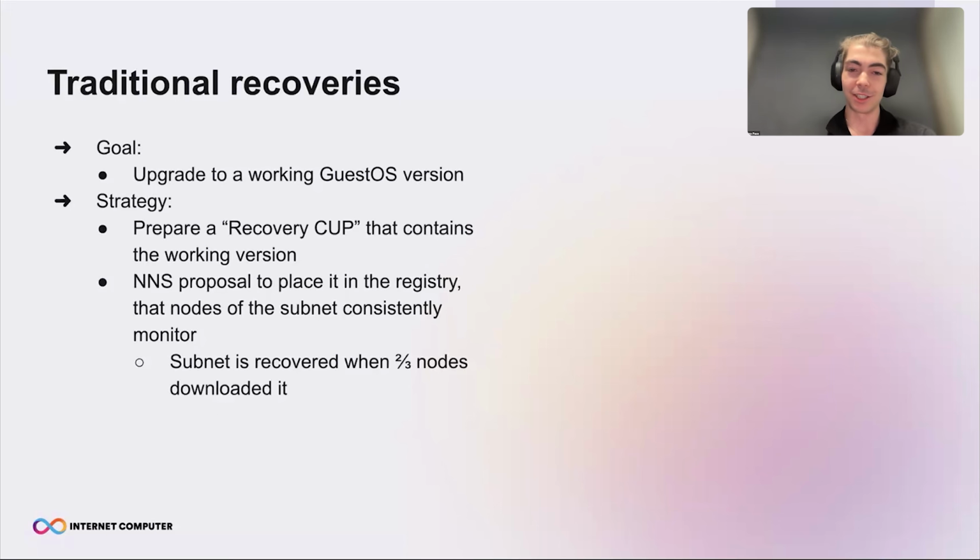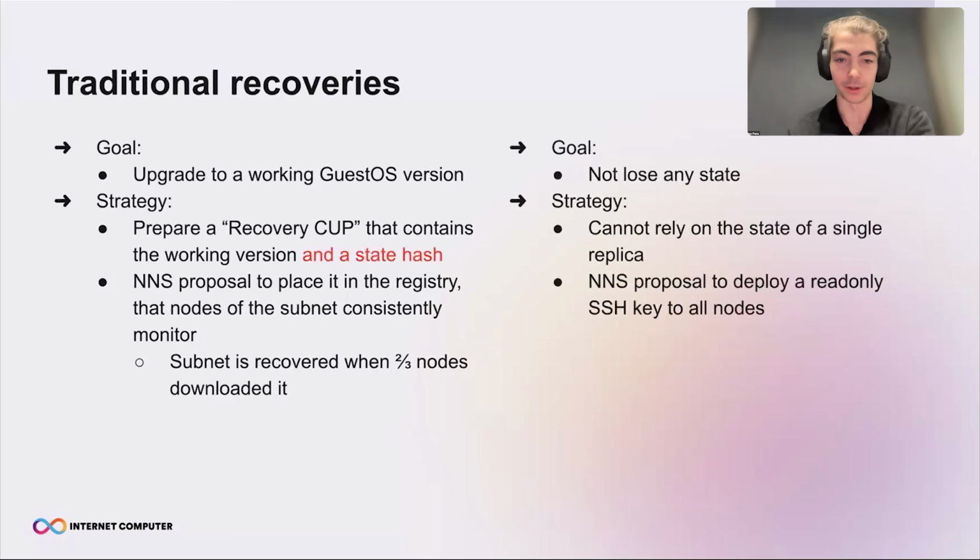One challenge, though, is that this CUP also contains a state hash, to tell the nodes from what state to start again. The recovery coordinator, the one that creates this CUP, needs to determine the latest state of the subnet so as not to lose any state.